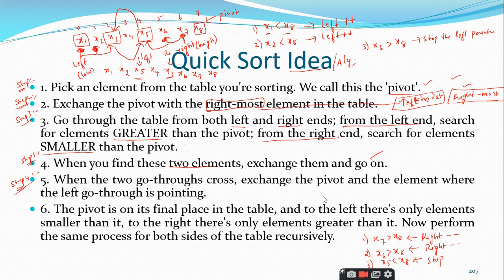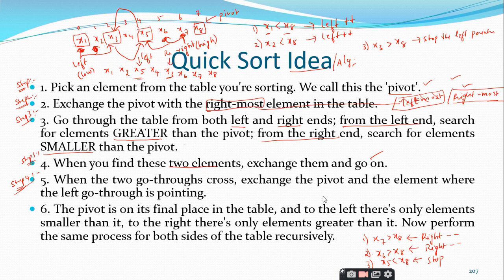So, you keep on moving the left pointer and the right pointer such that you find a greater element from the left hand side and a lesser element that is pointed by the right pointer. In such situations, you swap those two values and you move on.